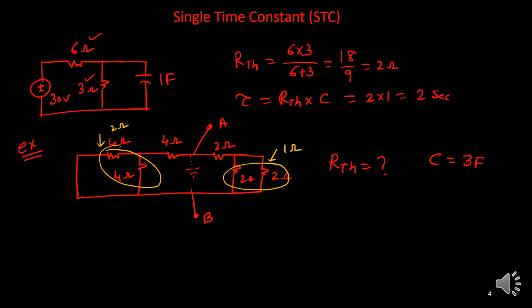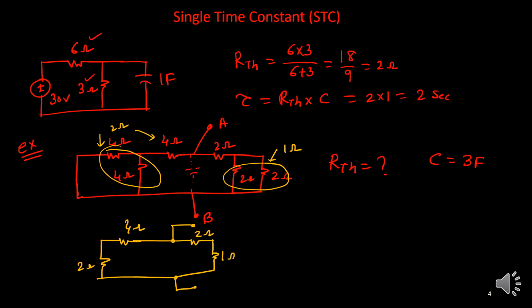Then this 2 ohm and this 4 ohm are connected in series, one after another. So I can consider this side: this is your 4 ohm and this resistance is 2 ohm, and on this side this is your 2 ohm and this resistance is 1 ohm.